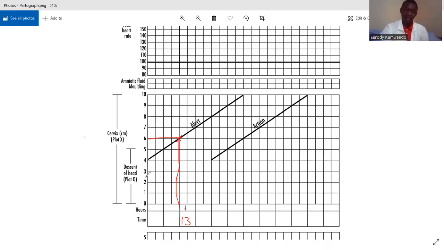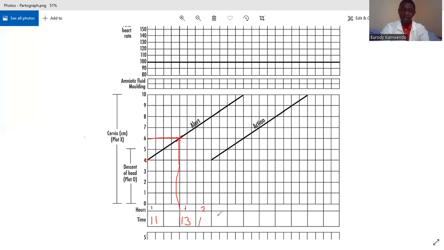But if the client was brought in with a cervix dilated at 4 centimeters, meaning your X is literally here, and your hour 1 is this one. And if this was 11 hours, you put 11 hours. So this indicates a full hour, and this will be our hour 2. So if the patient reaches 14 hours, it will be hour 2.